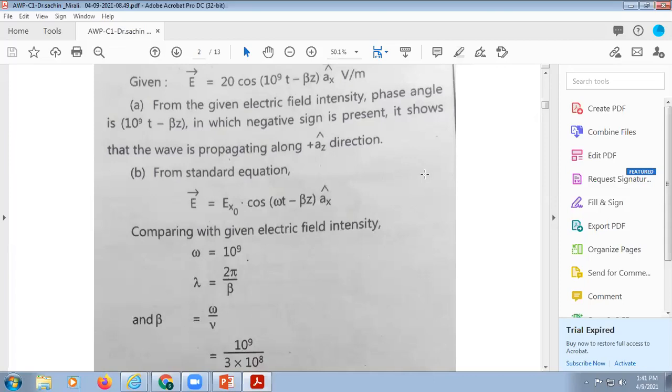See here, plus or minus, because we know very well omega t plus or minus beta z.